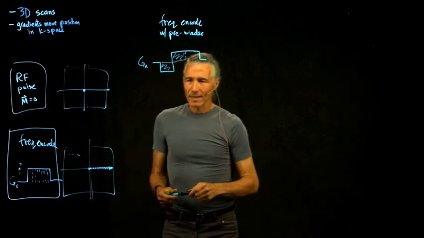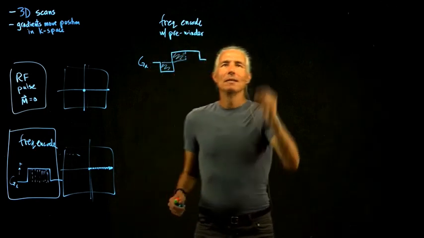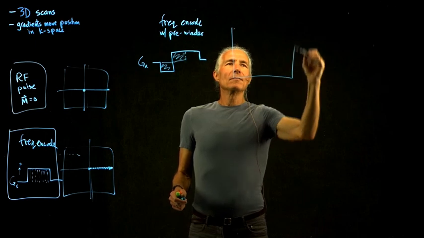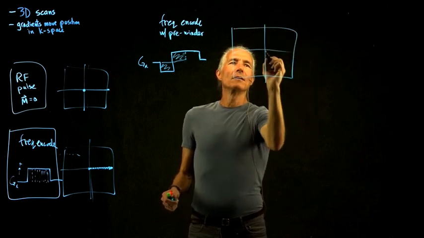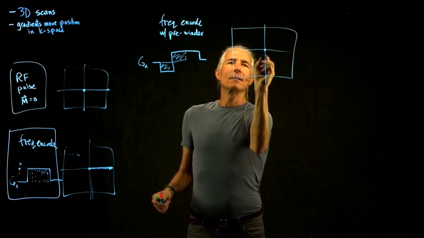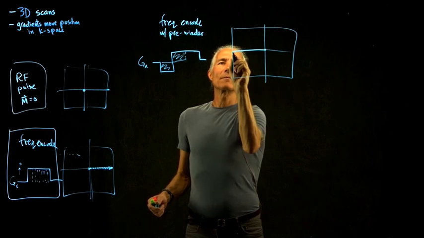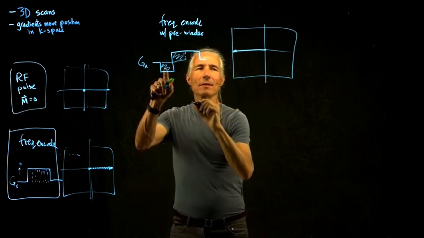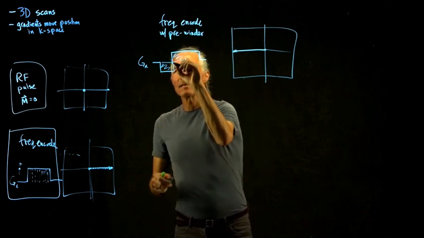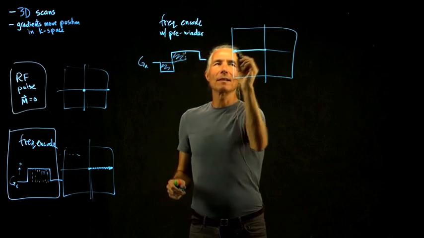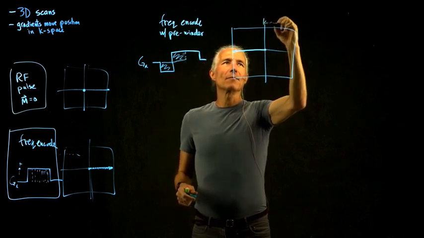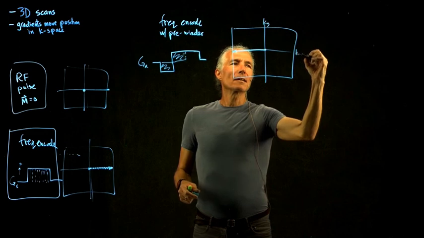So what does that look like in K-space? In that case, we go to the center, and then we immediately go to the far end of K-space. That's this part here. At this point, we're at the far left end of K-space. So this is Ky and Kx.